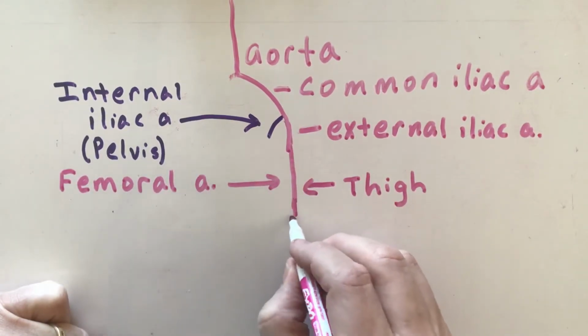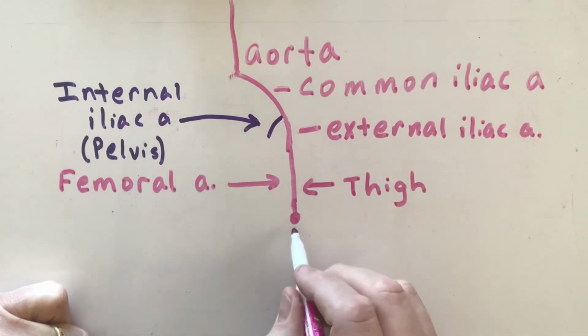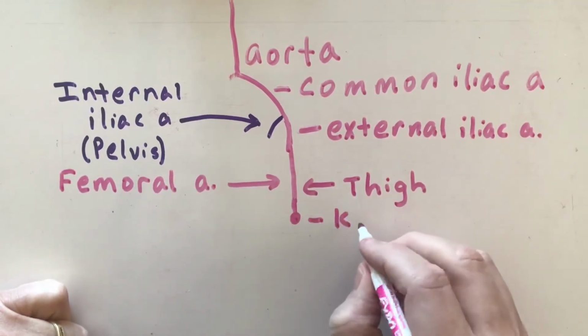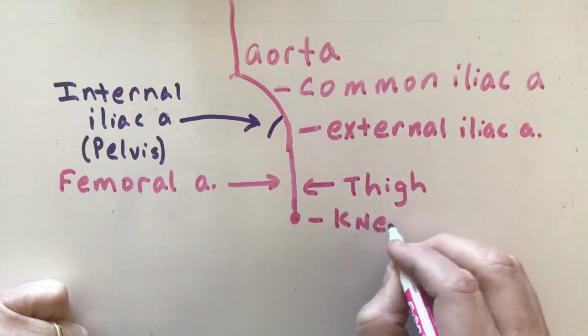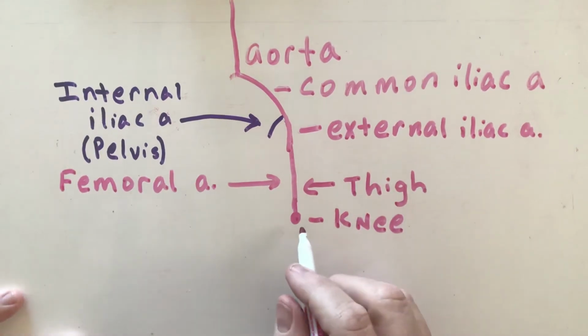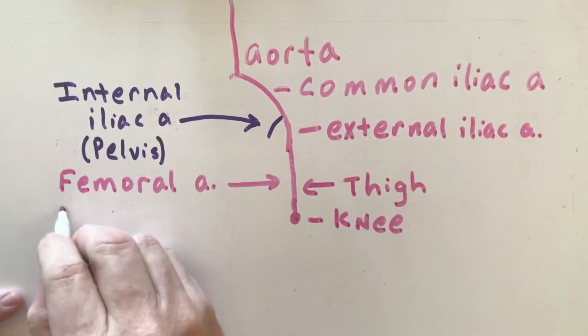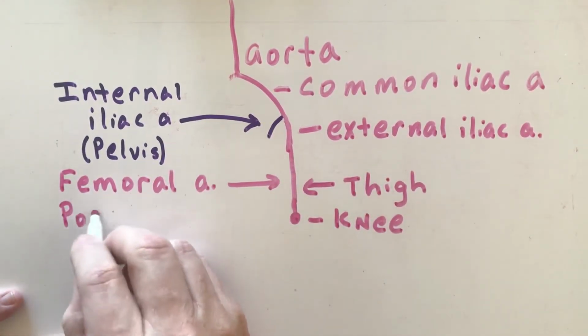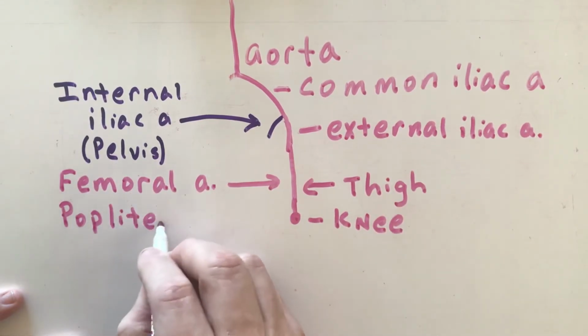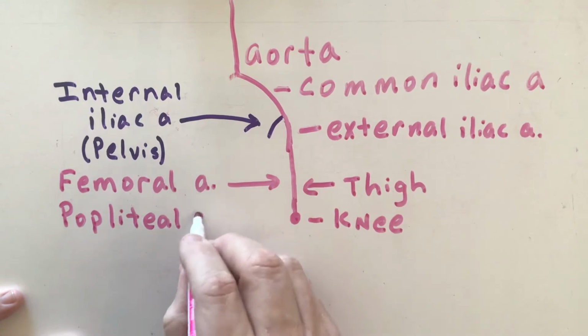Then this comes down to the knee, and I'm just drawing a circle to represent the kneecap so you'll know where you are. Now, when the same artery gets to the knee, it's called the popliteal artery.